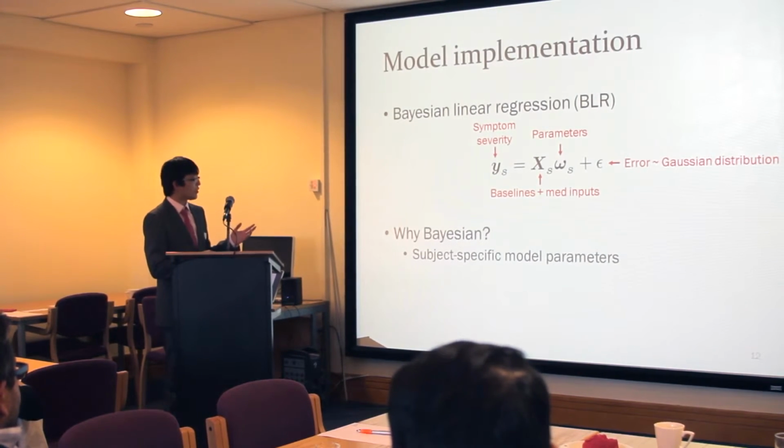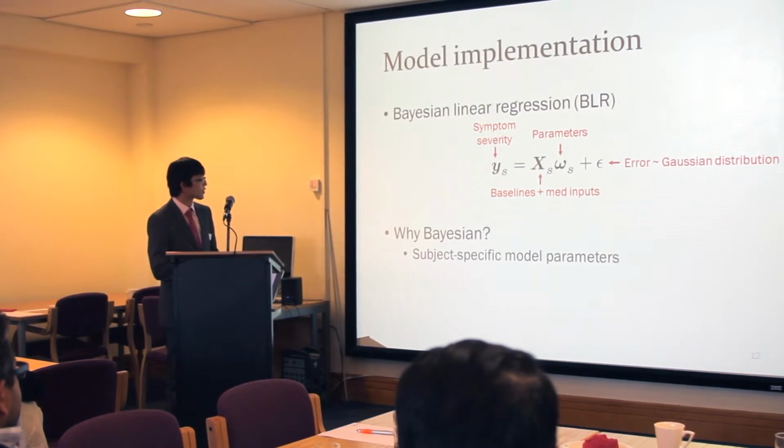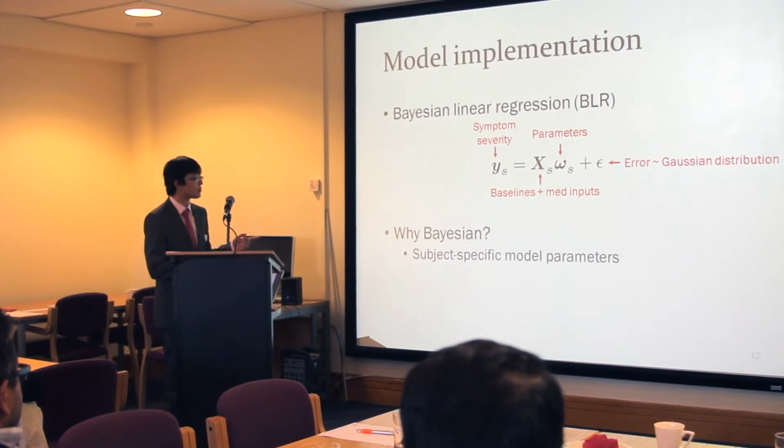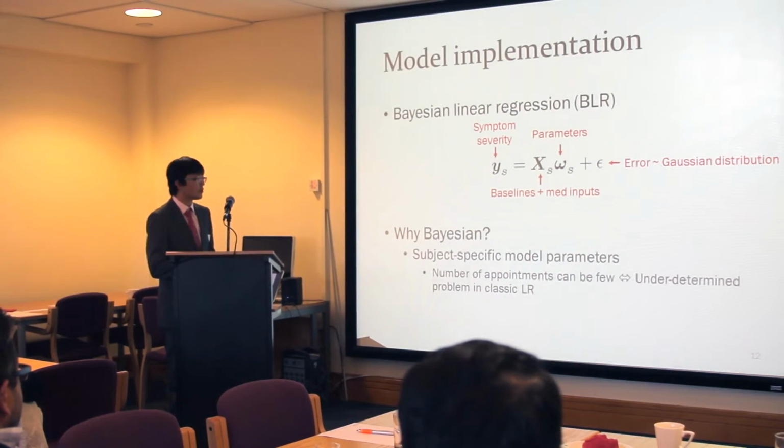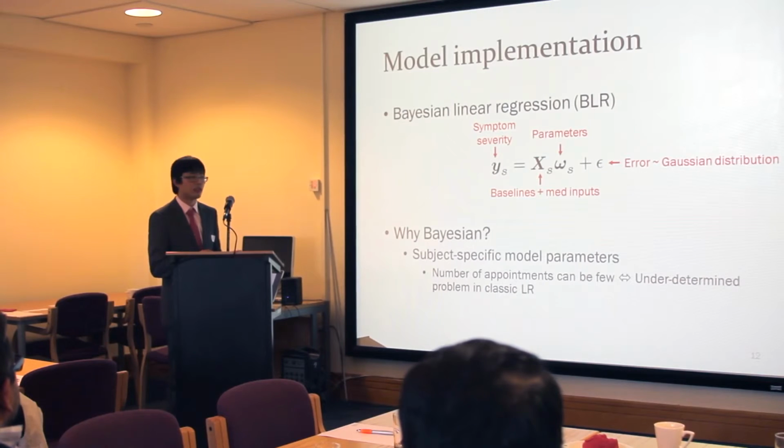And why did I use the Bayesian framework instead of just normal linear regression? Well, the model parameters are subject specific. A patient only visits the clinic several times, and the number of appointments can be very few, so this is usually an underdetermined problem in classical linear regression.